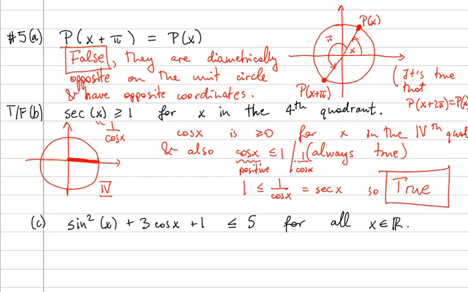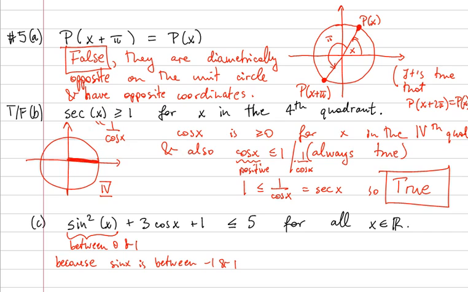Okay, now next question is asking whether a certain quantity is less than or equal to 5 for all x in R. So let's see. The first part is between 0 and 1 because sine x is between -1 and 1.